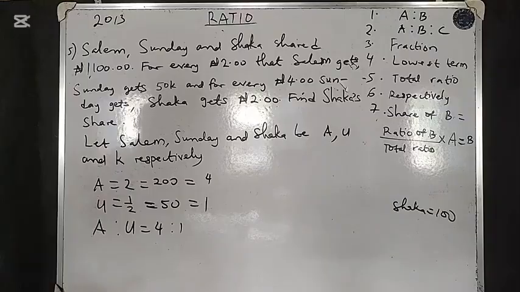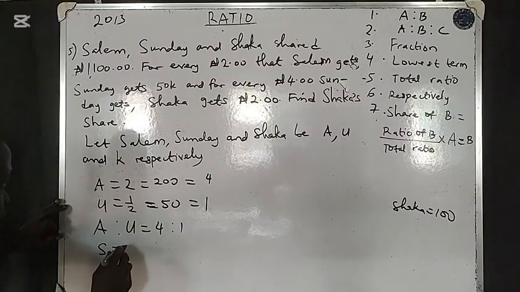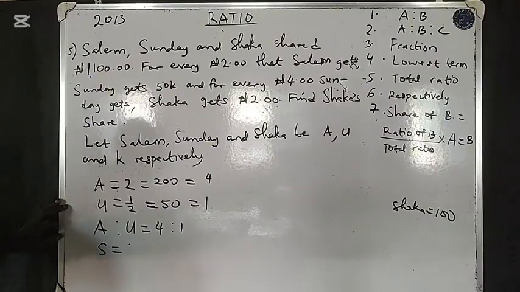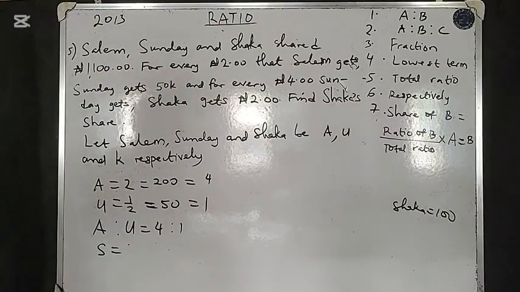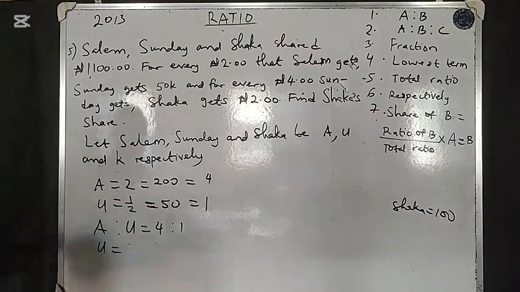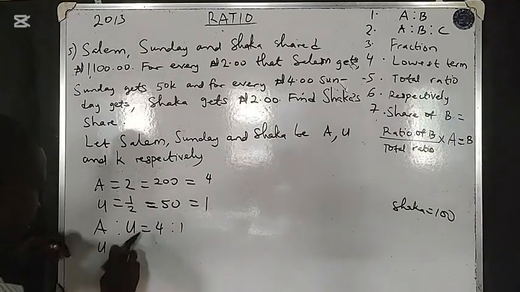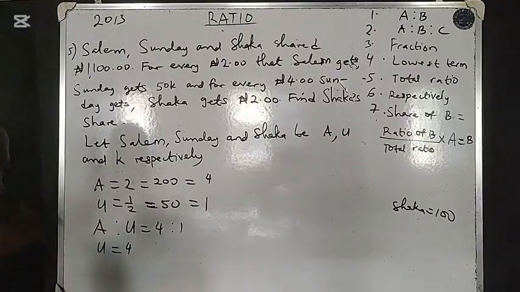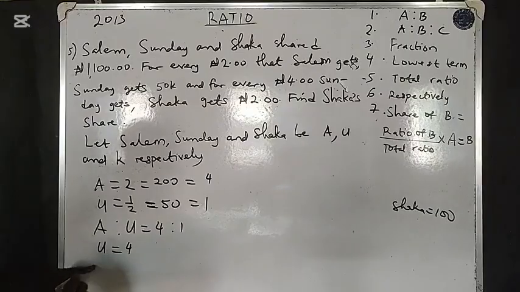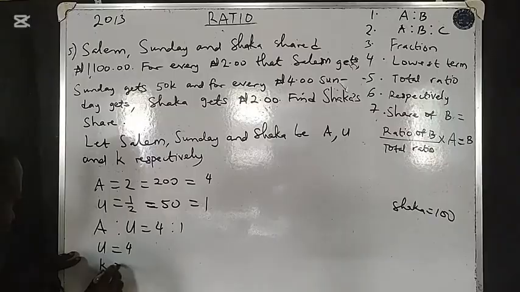Then the next person, for every 4 naira Sunday gets, Sunday is going to have 4 naira. Then this other person, Shaka, will get what? 2, right?